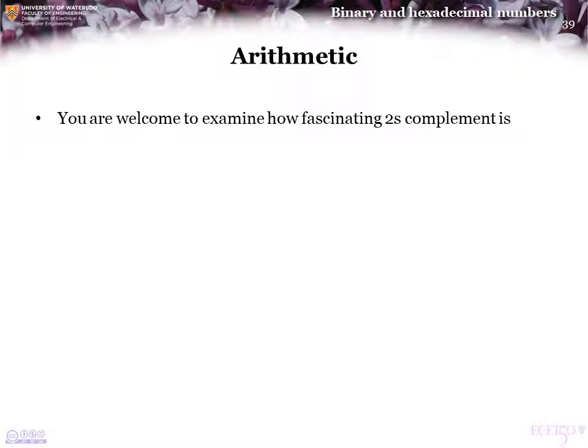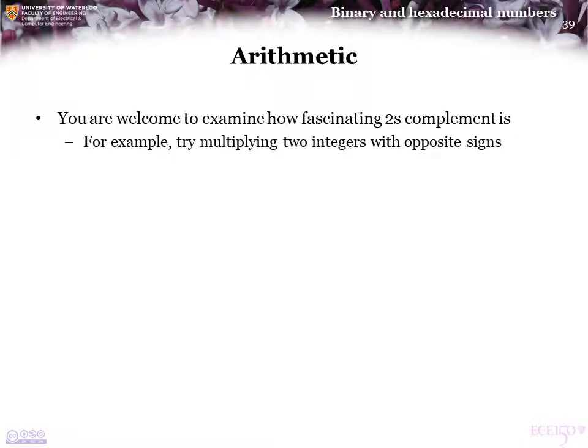Now, you're welcome to carry on and examine how fascinating and appropriate the 2's complement representation actually is. It's actually very satisfying. For example, try multiplying 2 integers that have opposite signs, like 2 times negative 3, where of course negative 3 is stored in its 2's complement representation.